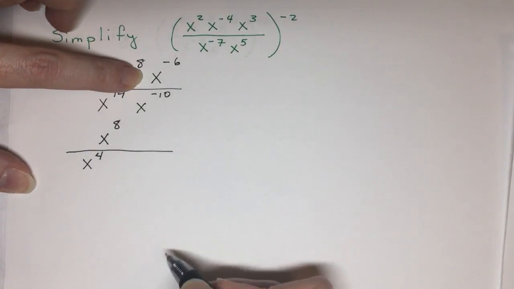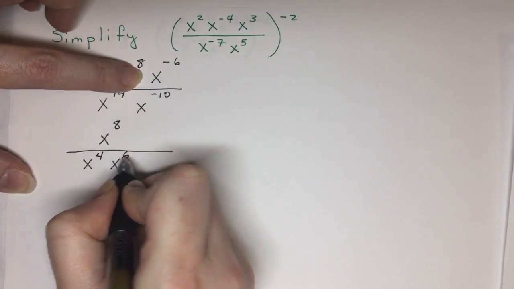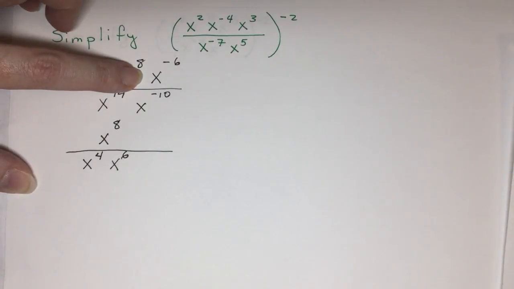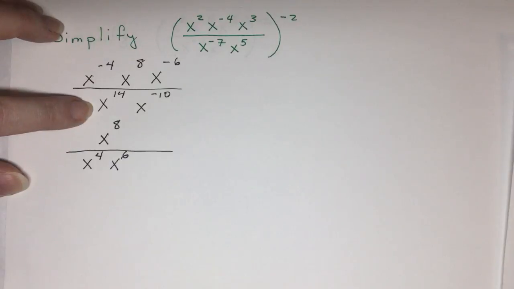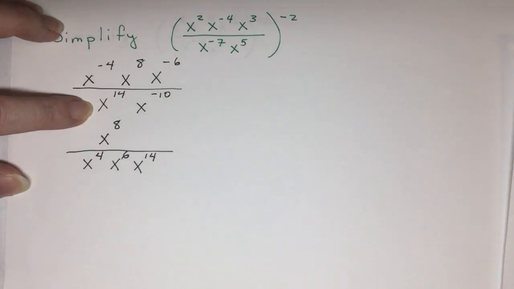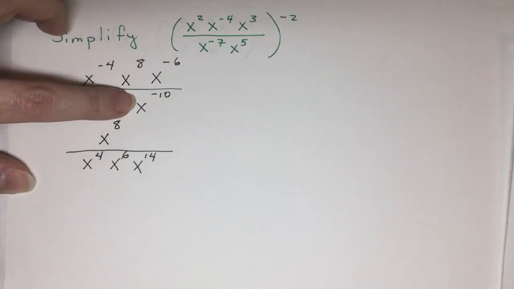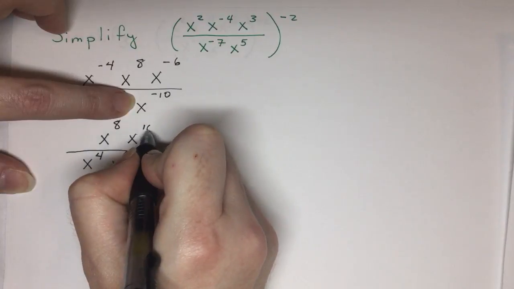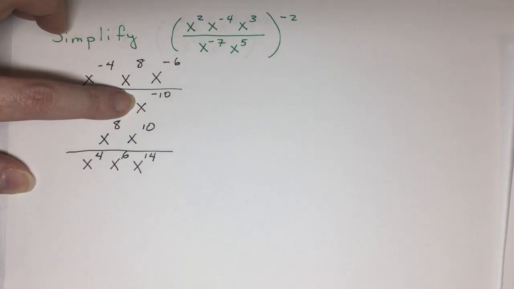X to the negative 6, negative powers go to the reciprocal, so it'll be x to the positive 6 in the denominator. X to the 14th, positive power, stays where it is, x to the 14 in the denominator. X to the negative 10, negative powers go to the reciprocal, so x to the positive 10 now in the numerator.